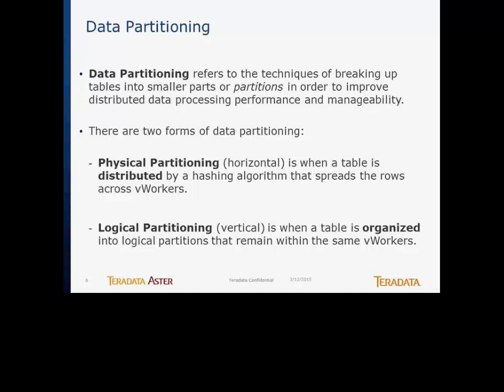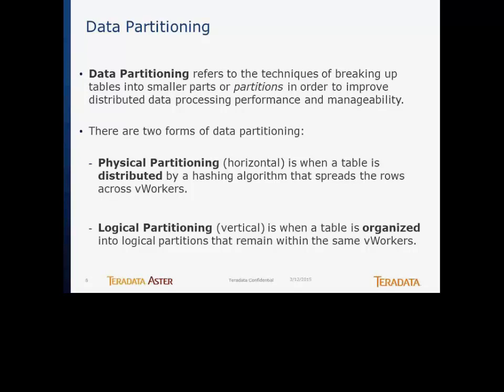The physical partitioning is where you create a table and assign it a distribution key, and that distribution key dictates how data is spread across the different nodes. My understanding is that you want to spread that data out across those vWorkers and workers so that it's smooth and highly distributed, so there's no skew. Skew means that I've probably chosen the wrong distribution key. Is that correct? That's absolutely true.